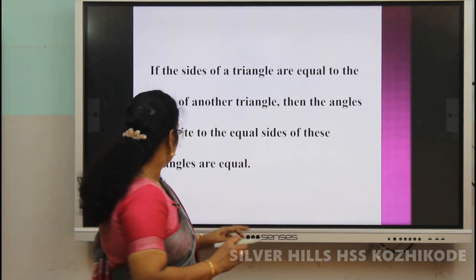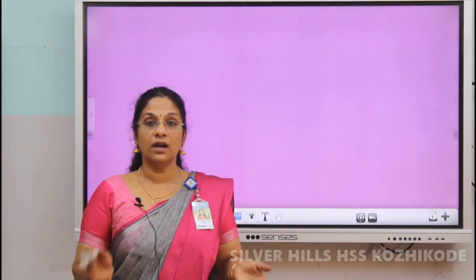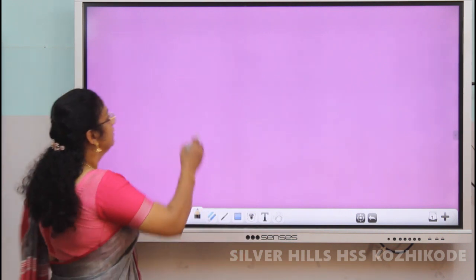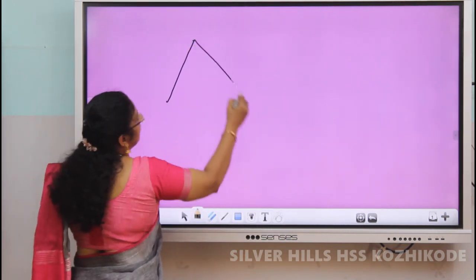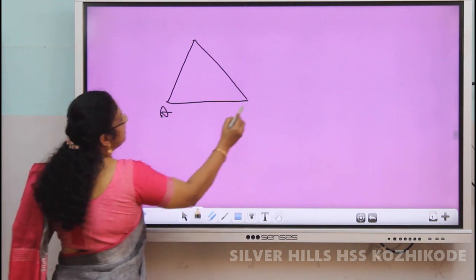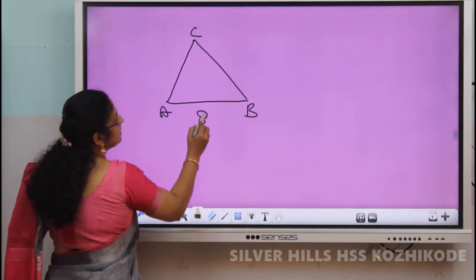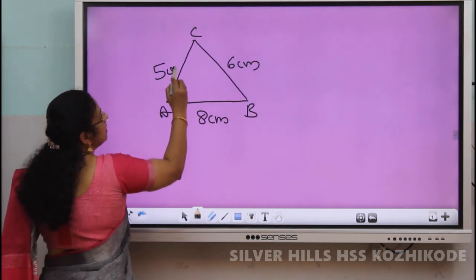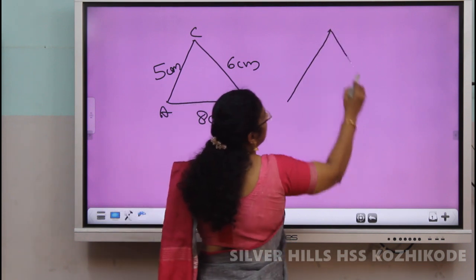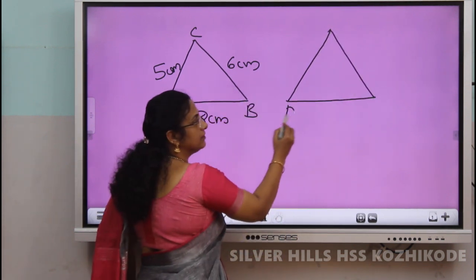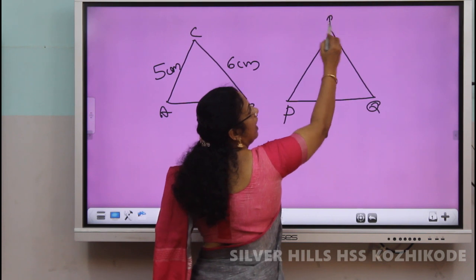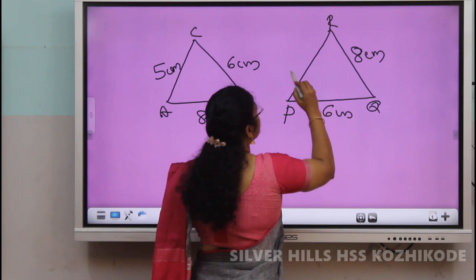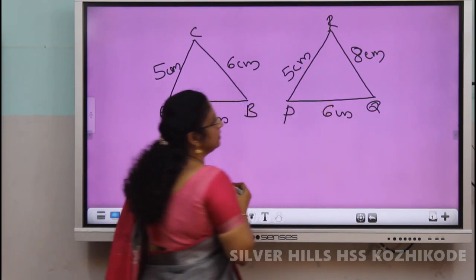Okay. Then now let us check how much you understood the point about equal triangles. For that, we have two triangles. First triangle ABC with the sides 8 centimeter, 6 centimeter and 5 centimeter, and one more triangle, triangle PQR, with 8 centimeter, 6 centimeter and 5 centimeter.